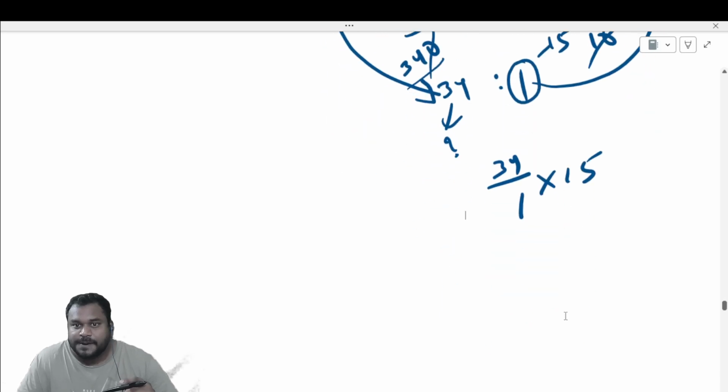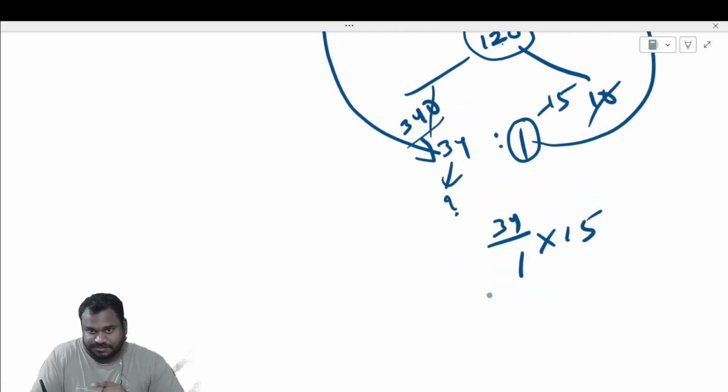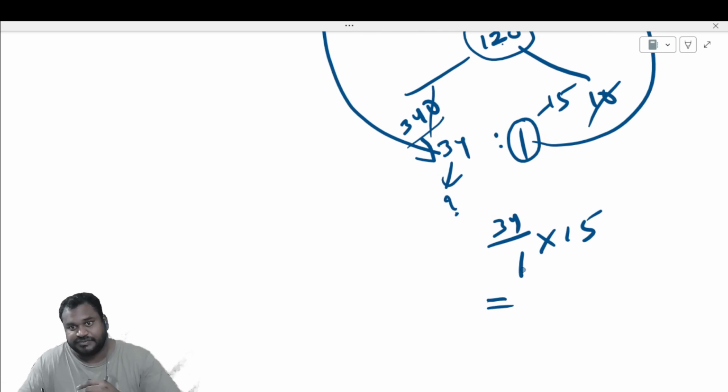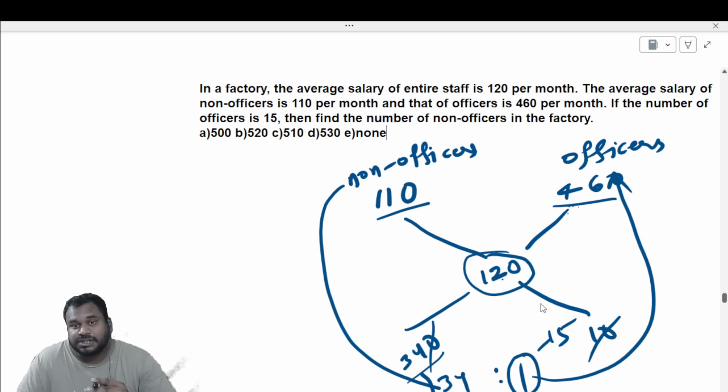So the answer is 15 into 34, which is 510. Right answer. And this is one method. I'll tell you the other method as well.